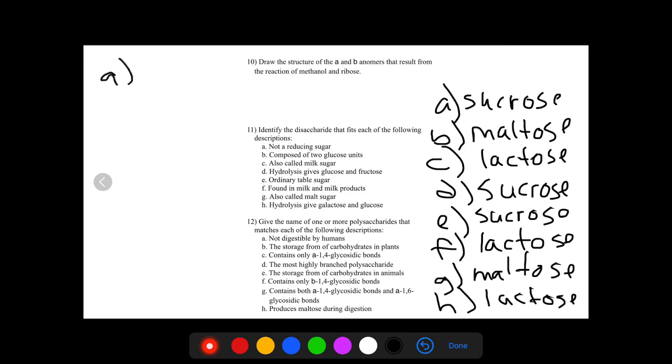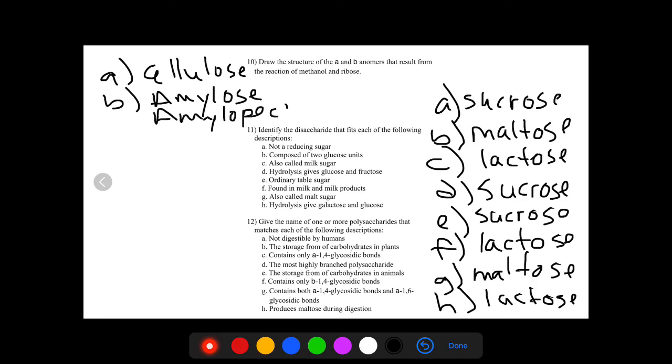So A, for number 12, not digestible by humans, is cellulose. B, the storage form of carbohydrates in plants. There's 2, that's amylose and amylopectin. And then C contains only alpha 1,4 glycosidic bonds.